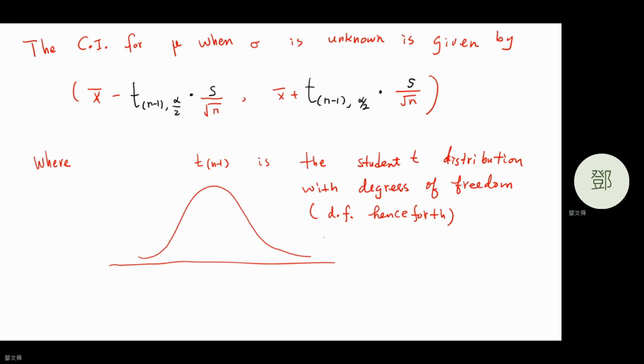And if this area is 1 minus alpha times 100 percent, then this tail should be alpha divided by 2, and so is this one, alpha divided by 2. And it is symmetric about 0. This is t sub n minus 1, alpha over 2. And this is minus t sub n minus 1, alpha divided by 2. You see that? This is the student t distribution. Let us Google for the student t distribution.